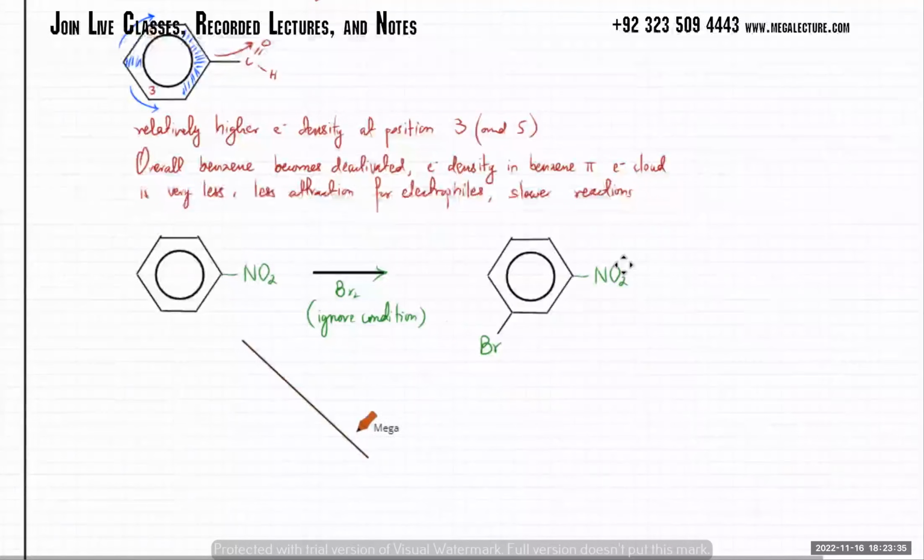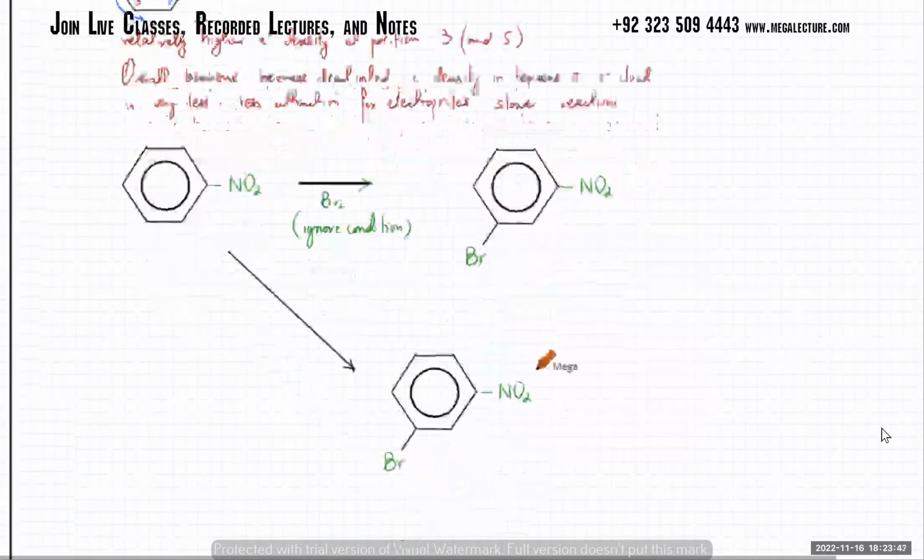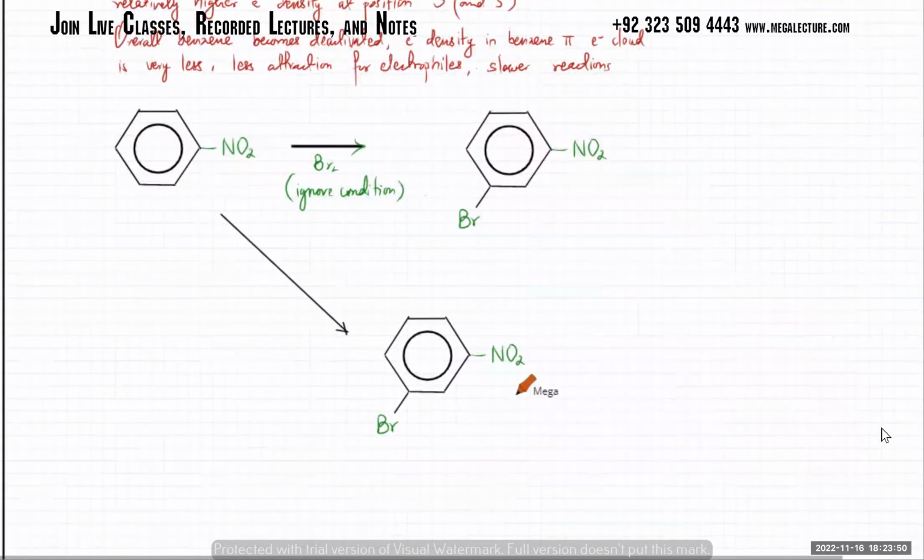Just remember the conditions are going to be very tough for the reaction to happen, and you'll get another product as well. If you're doing nitration, then... Sir, and the second product will be HBr. Yes, that will form.